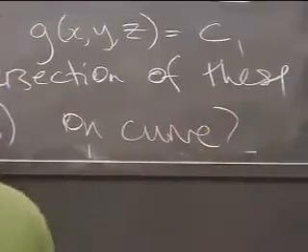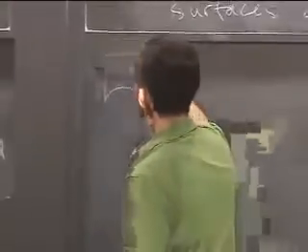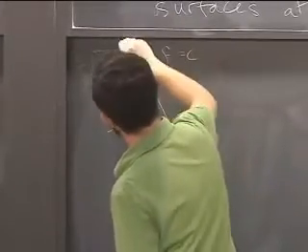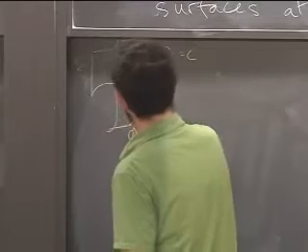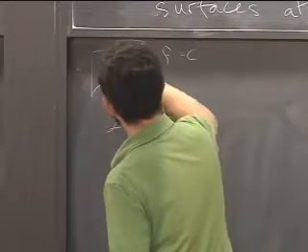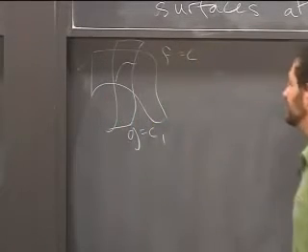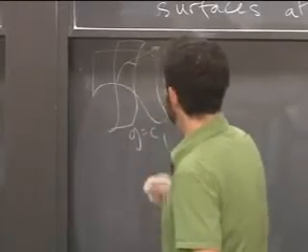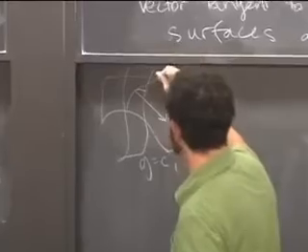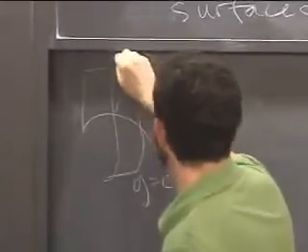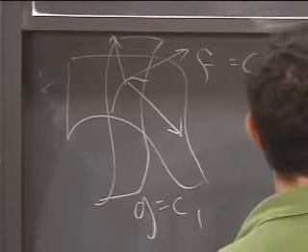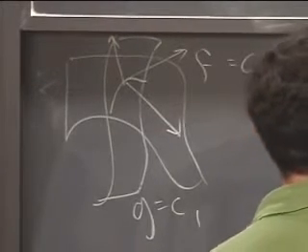It sounds pretty formidable, but actually all it is, here's surface 1, that's F equals C. Here's the other surface, G equals C1, and they'll intersect in some line. Well, what do we know about this? The tangent line is perpendicular to the normal of one surface as well as the normal of the other surface. So the vector we're looking for, V, is perpendicular to both normals.